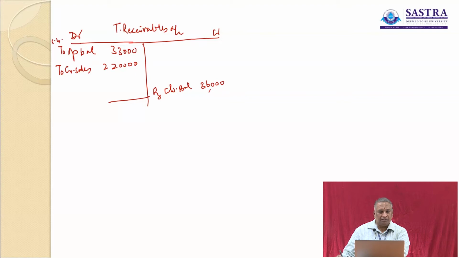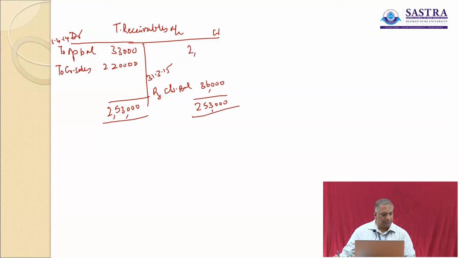So I am just closing this. This is the opening balance, which is on 1/4/14, and this is on 31st March 15. So the total will be 2,53,000. We balance with the amount on the credit side, 2,53,000.